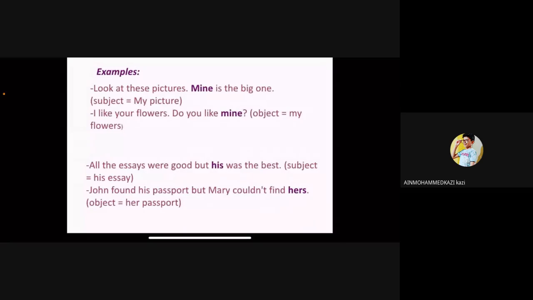John found his passport, but Mary could not find hers. Object, her passport. Here you see, mine is the big one, means my flowers. His essay. Then hers, मतलब उसका passport. So mine means something which belongs to me. His means something which belongs to him. Hers means something which belongs to her. These are all possessive pronouns.